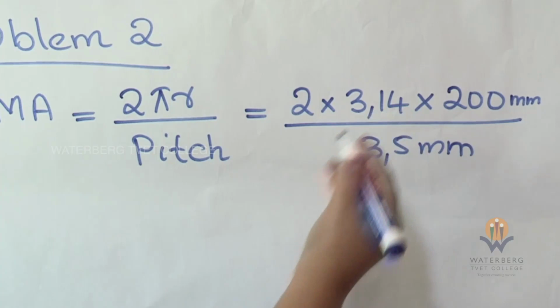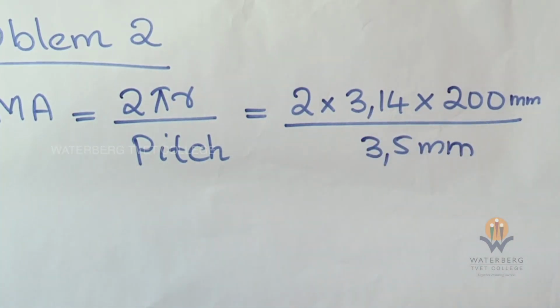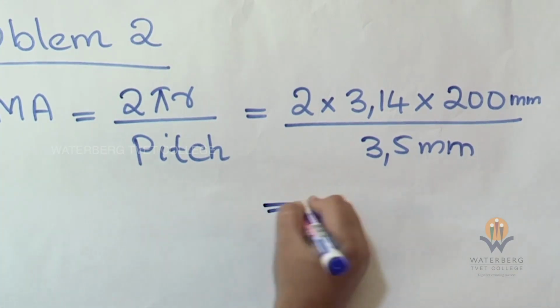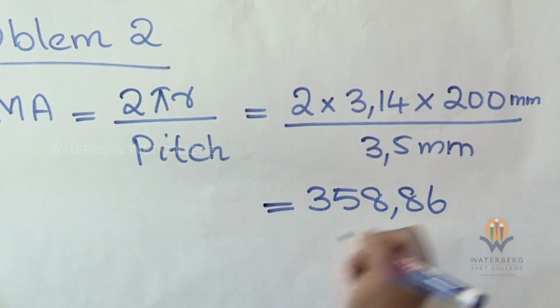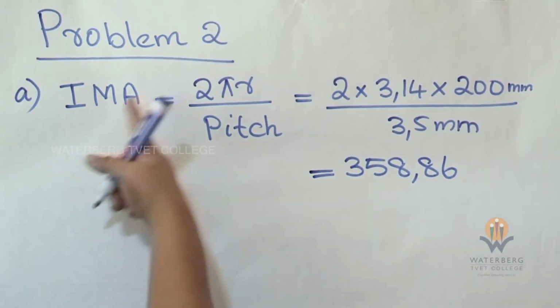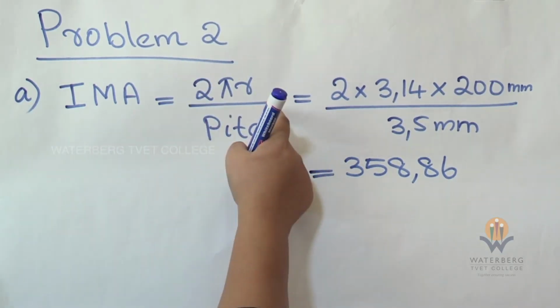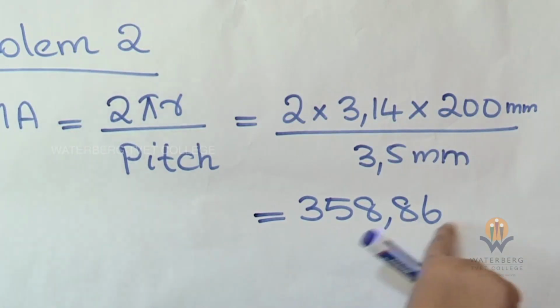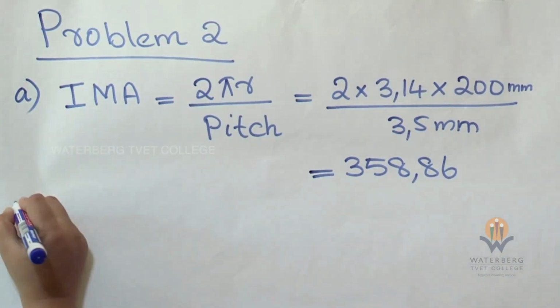So this is 2 times 3.14 times 200 over 3.5. Again, this is a ratio, so we know there won't be any unit.